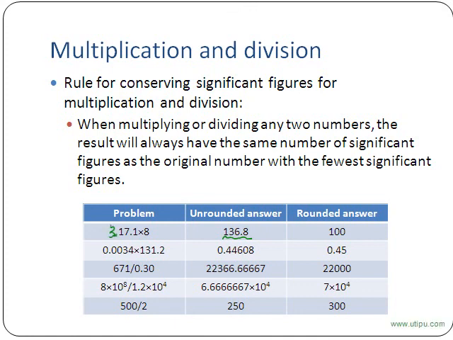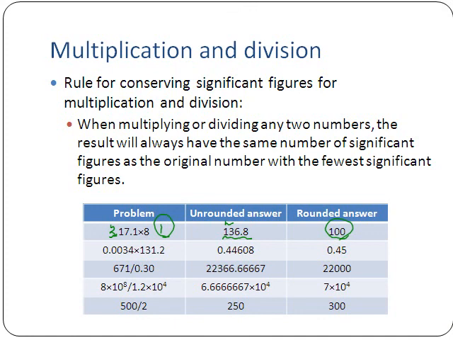Our next one, times 8. 8 only has one significant figure, so which one is going to be the fewest? Well, 1 is smaller than 3, so it'll be 1. That means our answer is only going to have one significant figure, so it's going to be just this one right here. The 3 will round down, and so we get a rounded answer of 100 right there.